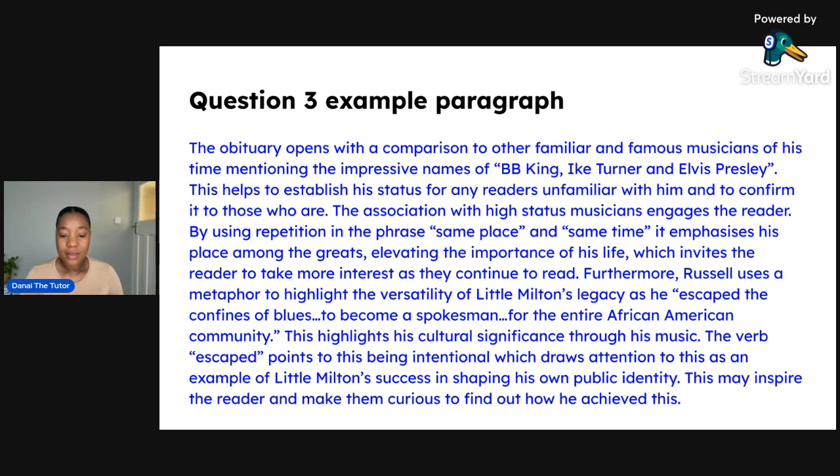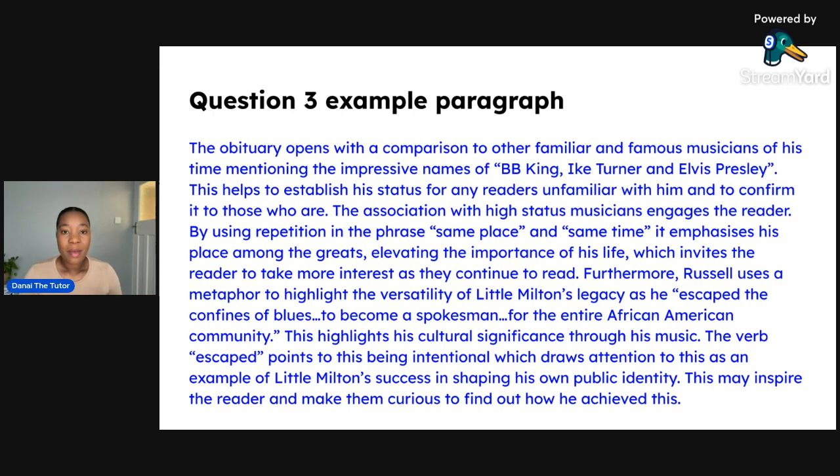Okay, the keywords in the question are "interest" and "engages," okay? And we can see in the third paragraph, "the association with high status musicians engages the reader." So make sure that you are using the keywords from the question in your response to make sure you are showing that focus on the question, okay?